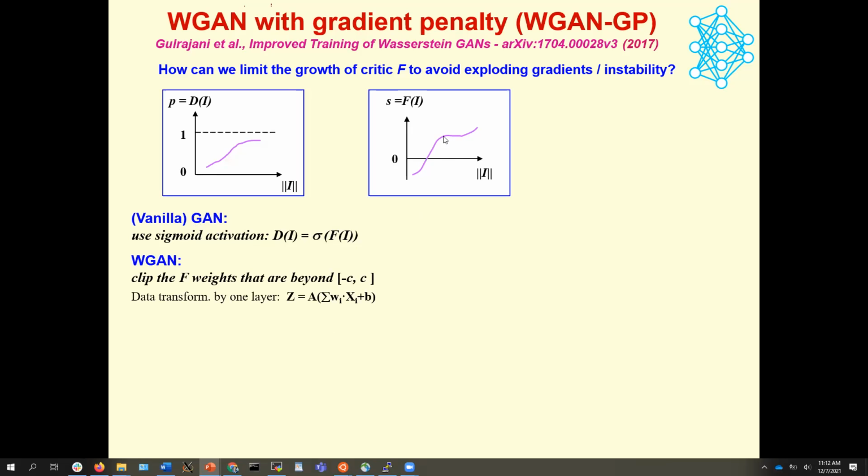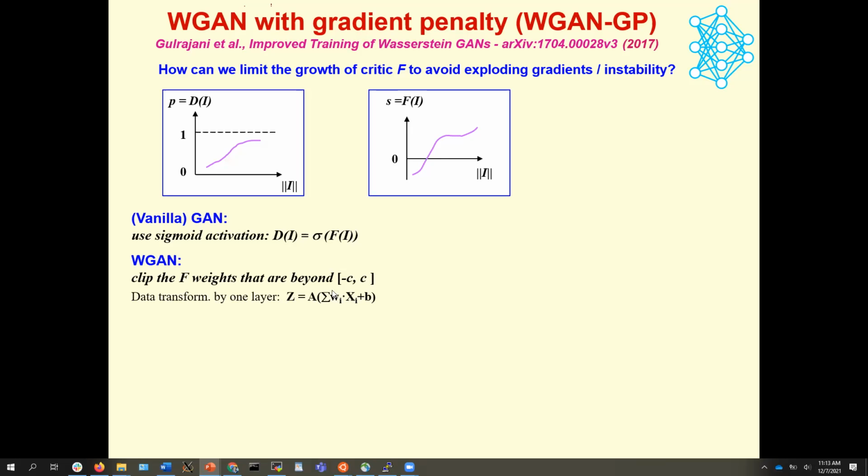we can take care of the large gradients by clipping the weights of the network. Each layer transforms the input tensor by first performing a linear transformation plus a nonlinear activation.